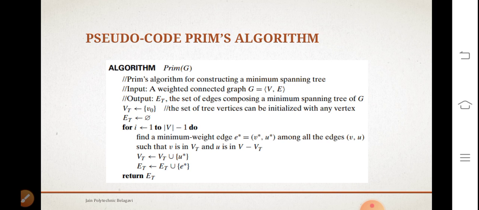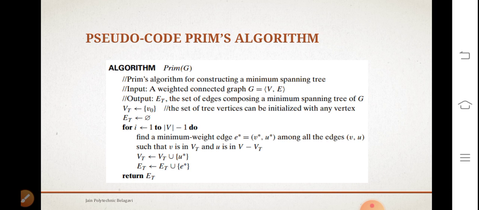So here is the pseudocode of this algorithm. Vt is initialized to V0, that is, the set of tree vertices can be initialized with any vertex. Then Et is initially equal to empty set.